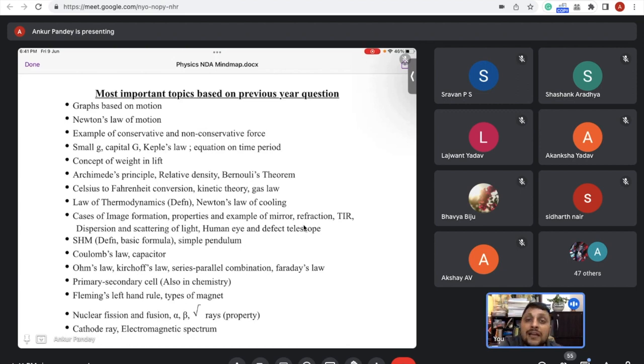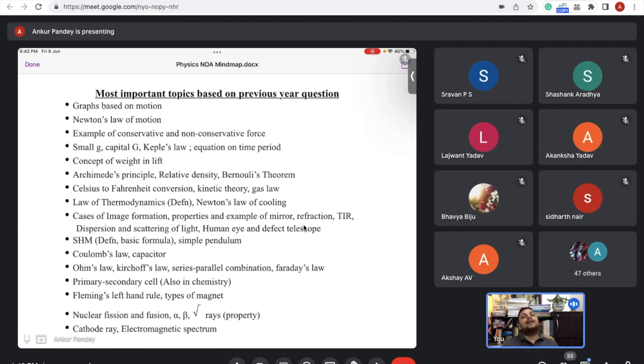Total internal reflection, TIR, was there in 10th grade. Dispersion and scattering of light were there in 10th grade. Human eye and the colourful world were there in 10th grade. Simple harmonic motion will be there in 11th grade, or was there, depending on which grade you are in. Simple pendulum was there in 11th grade or will be there in 11th grade.